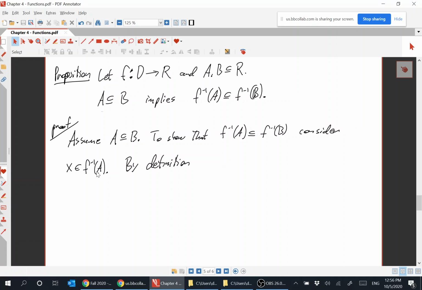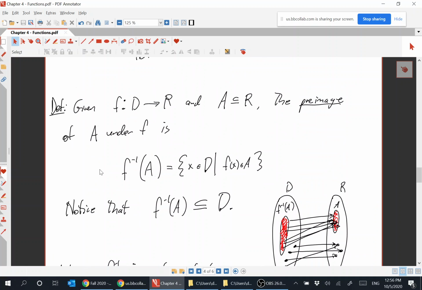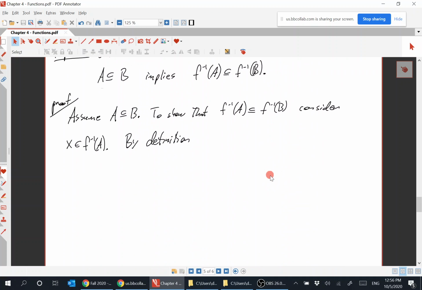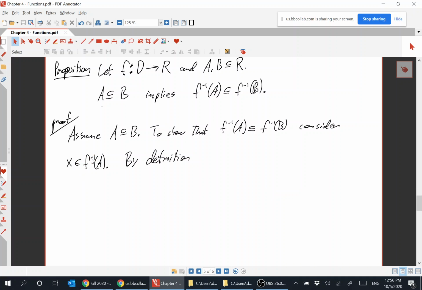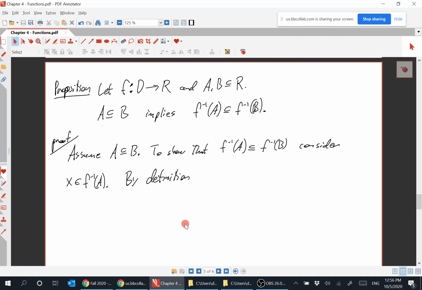X is not in A, no. It's the set of all x in the domain such that f of x is in A. All right, so here we picked x in the preimage of A. So by definition, f of x is in A.